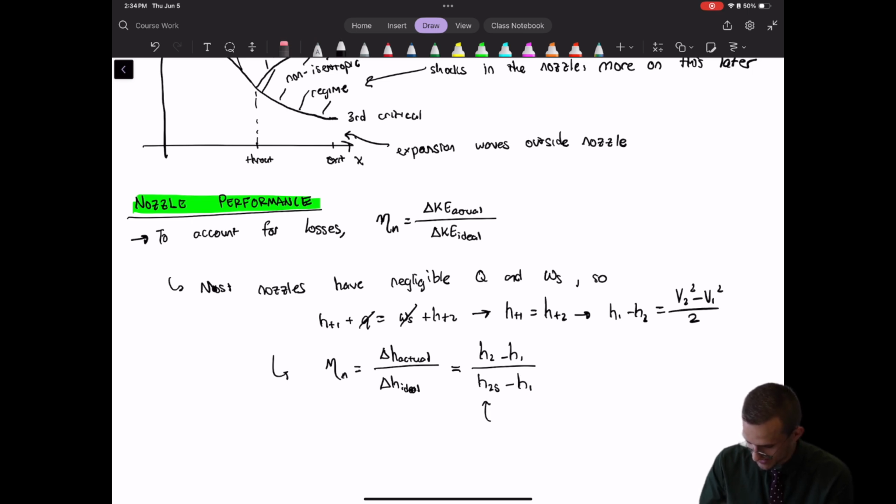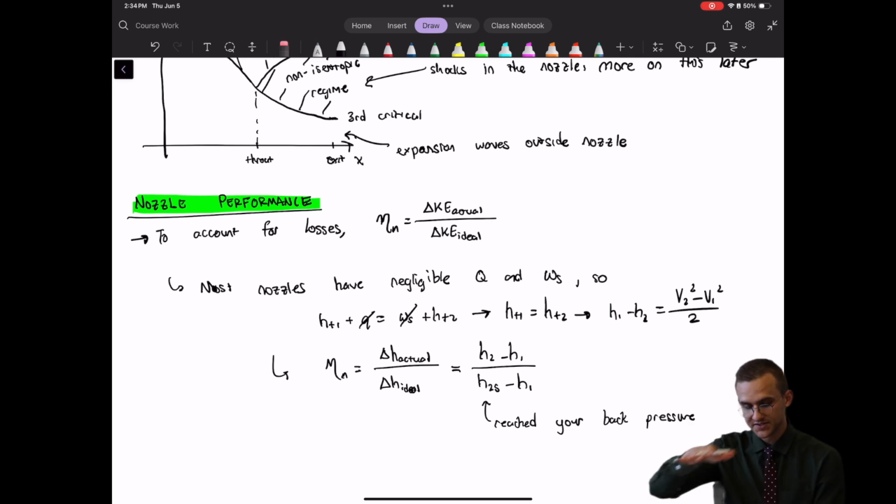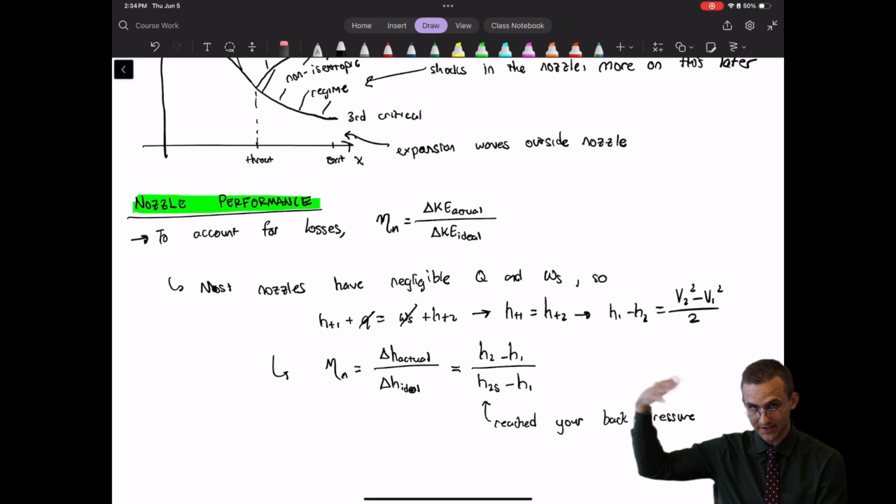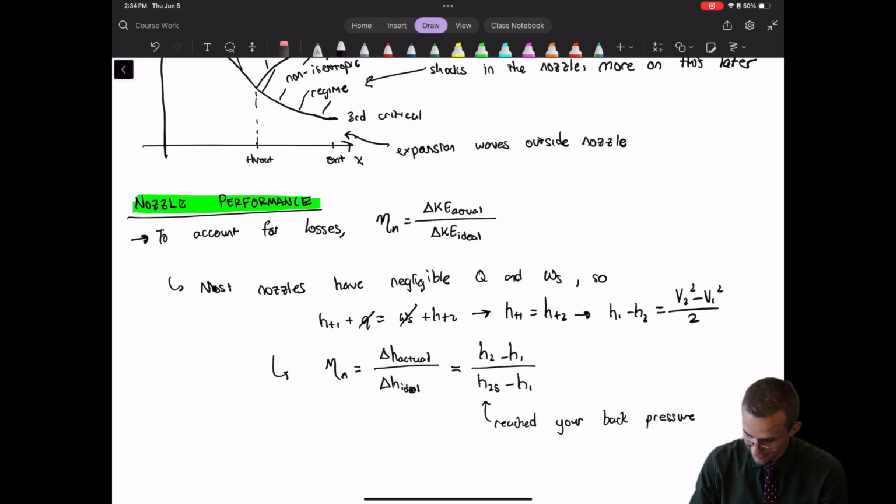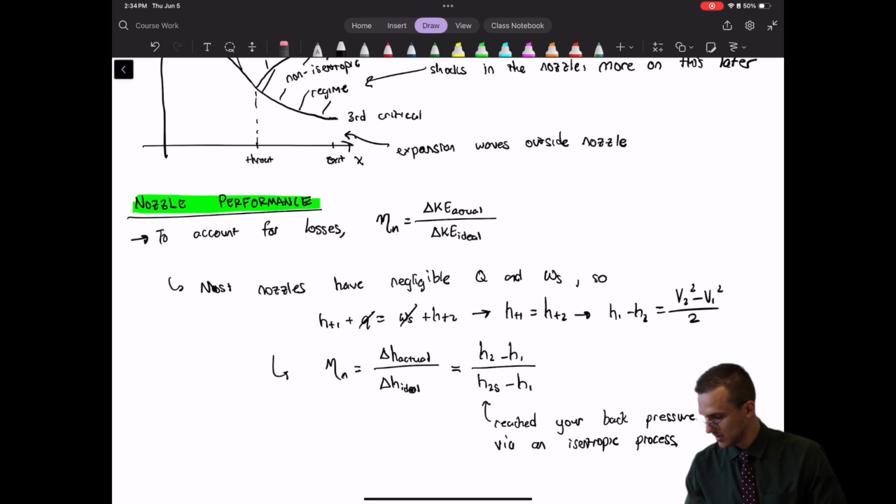And that means that you reached your back pressure. In other words, the pressure evolves to match whatever the pressure is at the receiver via an isentropic process. So that's when you would end up with H2S.